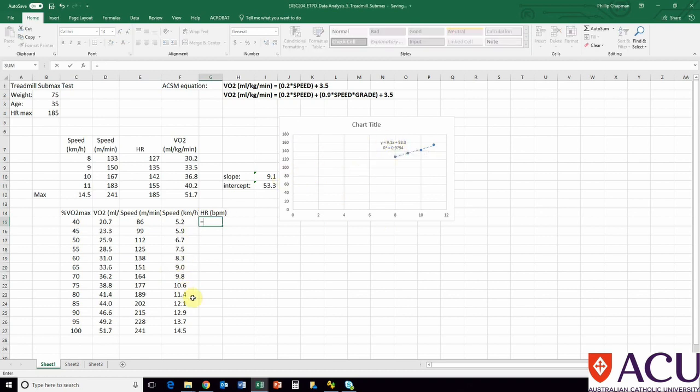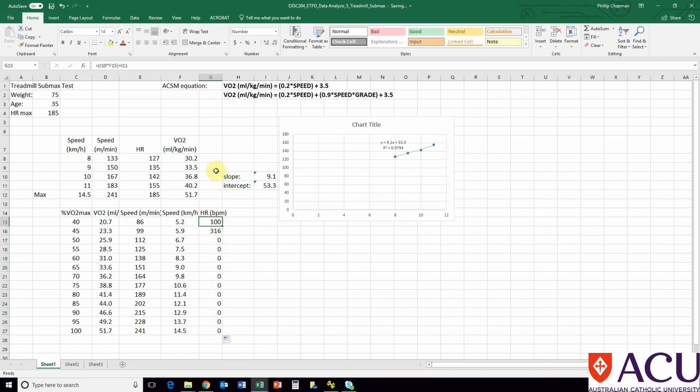So equals our slope times the speed in kilometers per hour plus the intercept here. So 100 beats per minute. All right, we'll just round that up to full beat.